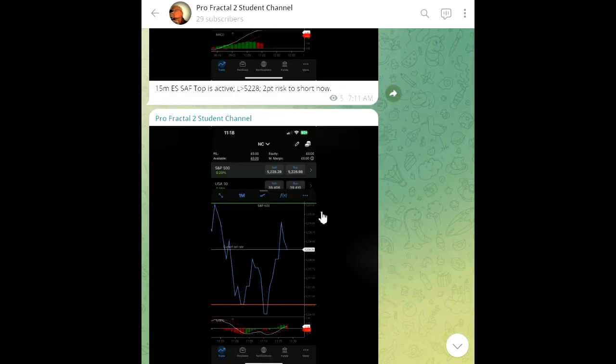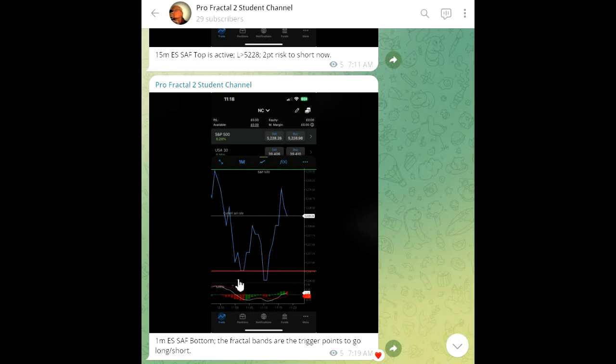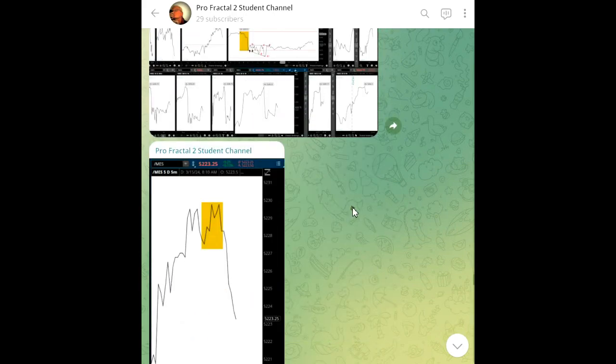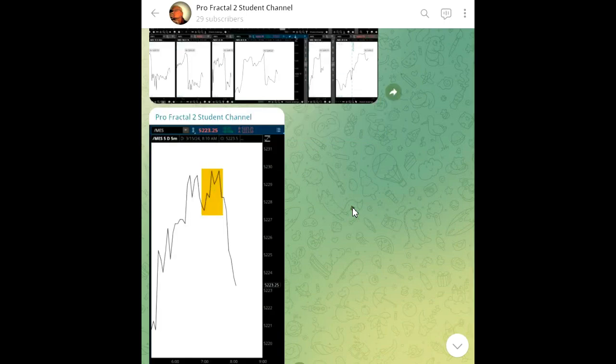Again, we have a 1 minute time frame trade there. Again, for day traders, if you're scalping. And we got a big one here on the 5 minute time frame. A typical decaying fractal top, very common. You get the top there, you have the bottom there.